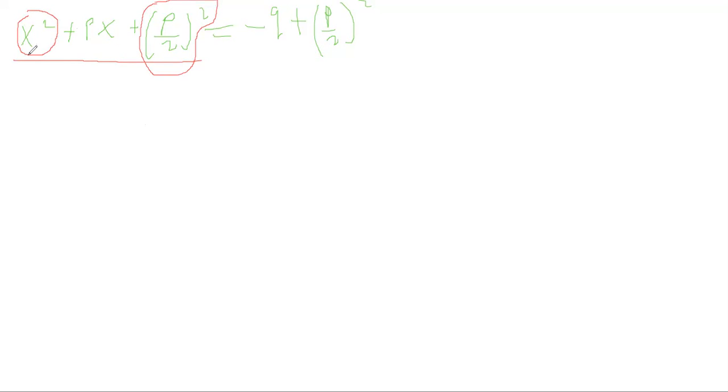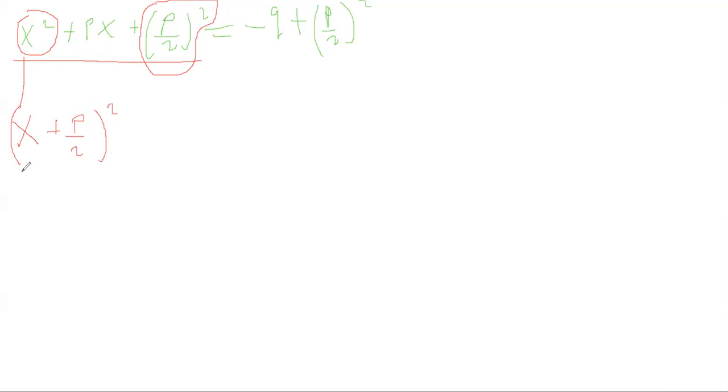So what we have to do, we will bring this x down. Then we bring this p over 2, this plus p over 2, down. That's how we factorize. Remember this is x squared and p over 2 squared, so we square it.